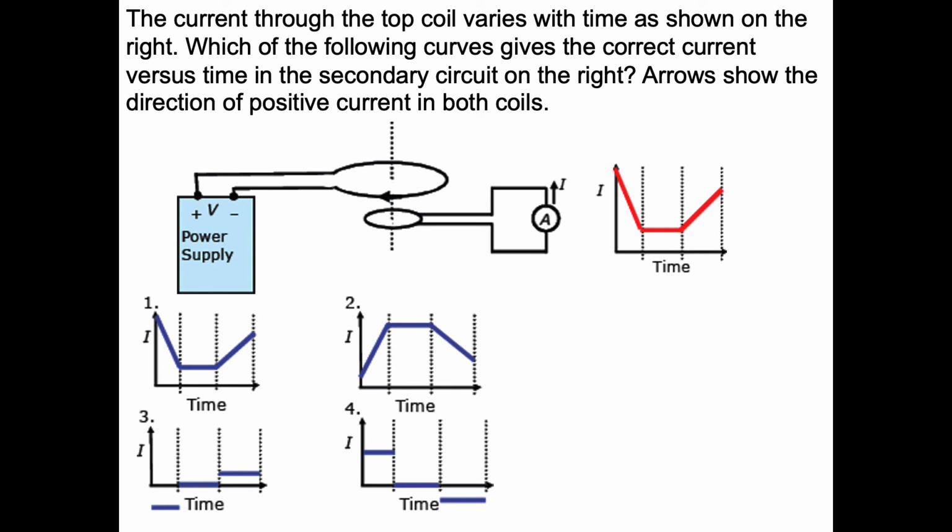According to what the positive direction is for the bottom loop, if the current goes clockwise, that's negative. So the answer is 3. Okay, the answer to that one is 3, not 4.